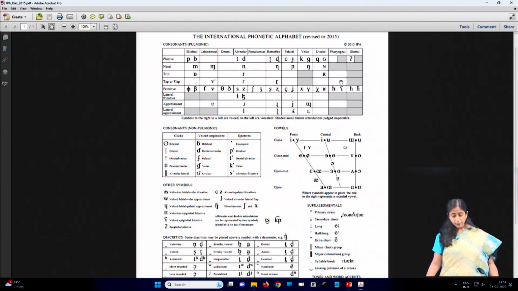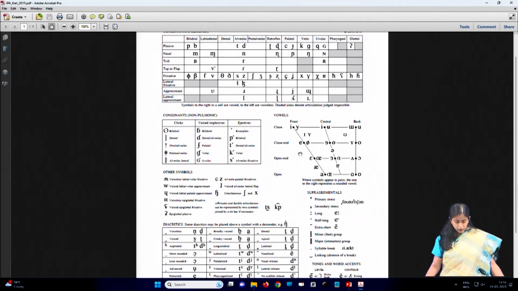Why so? Because these sounds are possible for humans to articulate, but they are not found in languages. Till now we have not found these types of sounds in any language, or it has not been noticed. That is why these are kept blank. There can be such sounds in certain languages, but we have not found them yet.